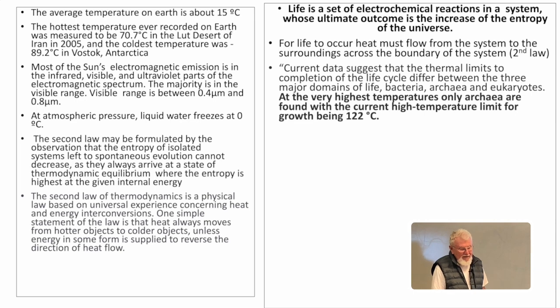Now, different organisms exist in nature that survive at different temperatures. There are organisms, or archaea, that can grow up to 122 degrees centigrade. So life is not restricted to 36.7 degrees centigrade like that of mammals.